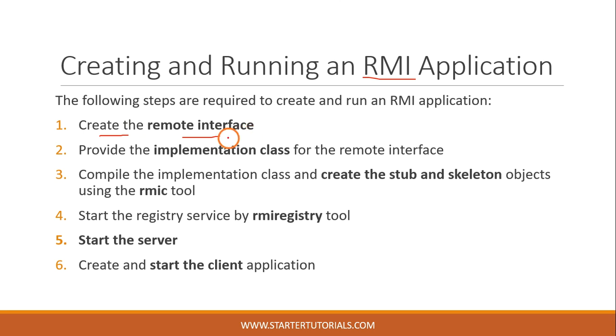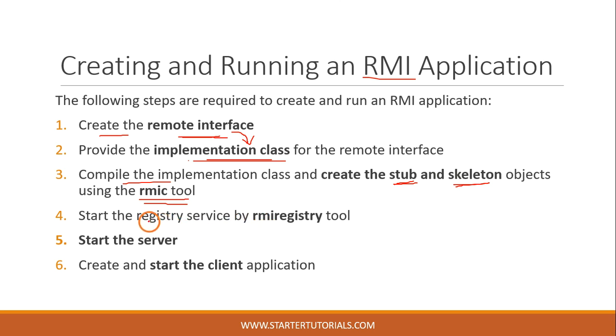In the demonstration, the first step we will be doing is creating an interface. The second step is, once you create this interface, you have to provide the implementation class for it. The third step is, first you compile the class you created in step 2, and then you create the stub and skeleton objects for that class using a specific tool called the RMIC tool. RMIC means RMI compiler.